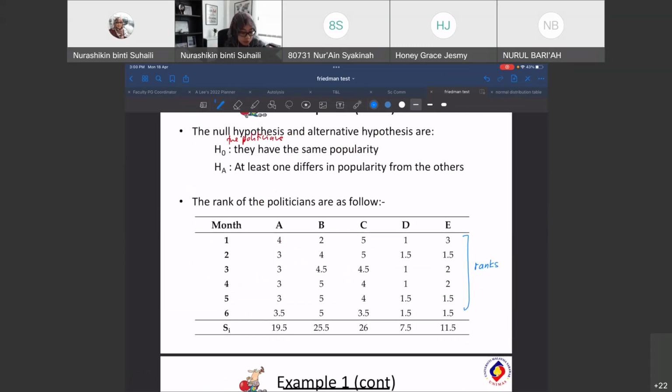So what we have to do next is step number 3. Calculate the sum of ranks. You have a look at your Telegram, the steps that I forwarded, so I don't have to scroll back and forth.